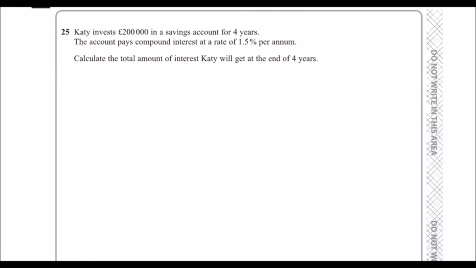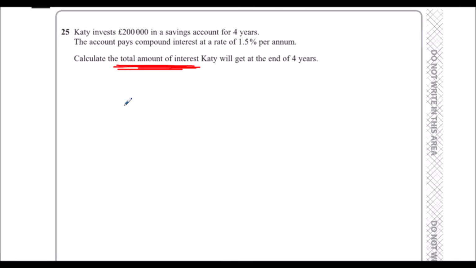Question 25. Katie invests 200,000 in a savings account for 4 years. The account pays compound interest at a rate of 1.5% per annum. Calculate the total amount of interest Katie will get, so just the interest, not the amount of money she's got, just the interest Katie will get at the end of 4 years.